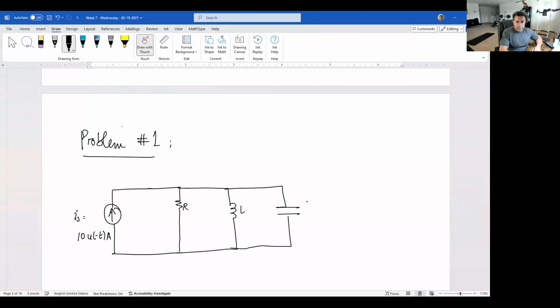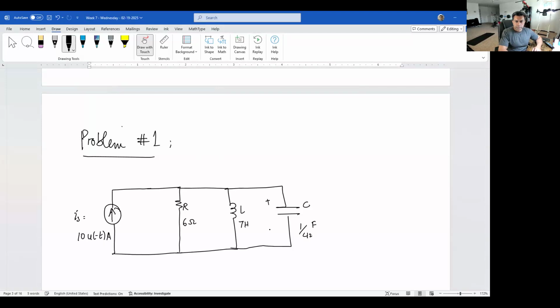R, L, and C in parallel: C is 1/42 farad, R is 6 ohms, and L is 7 henry.